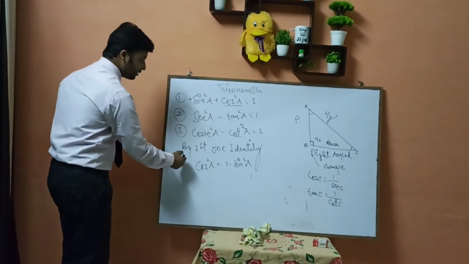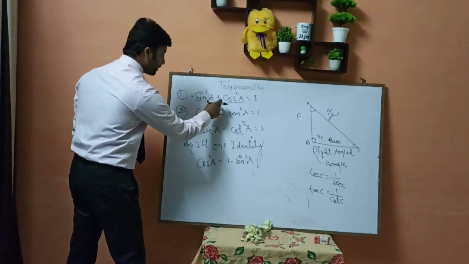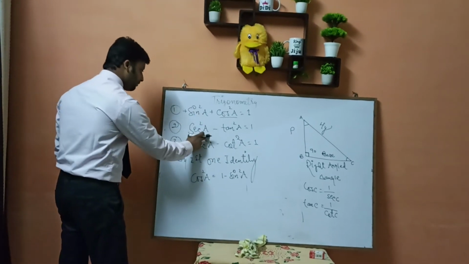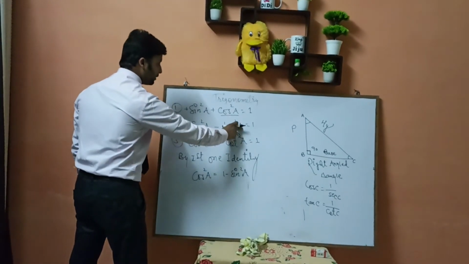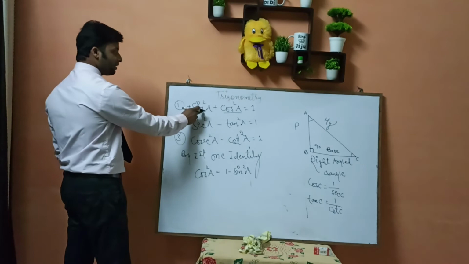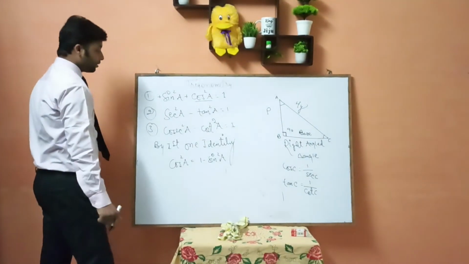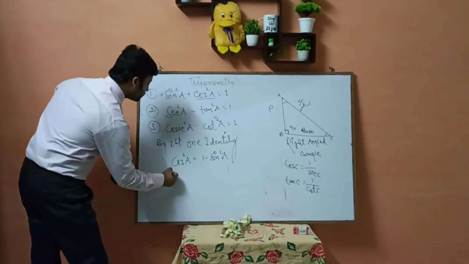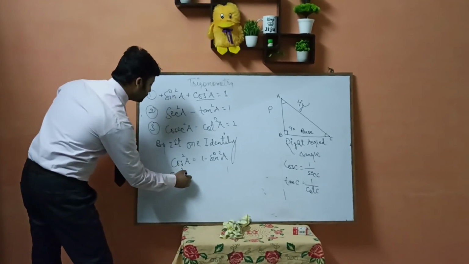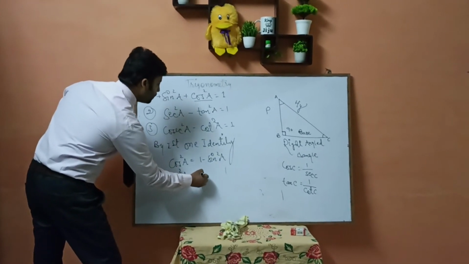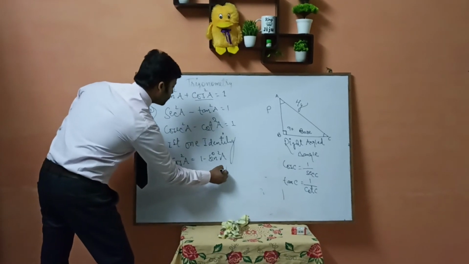By the second identity, you will write similarly if we take the value of sec square or tan square. As we have taken the value of cos square a from the first equation, we will write here sin square a equal 1 minus cos square a.